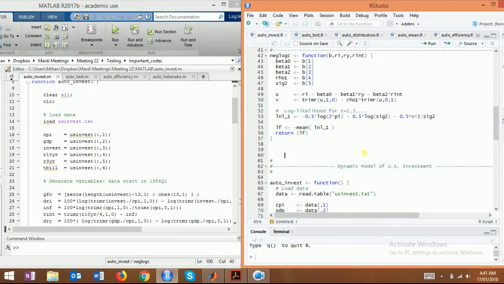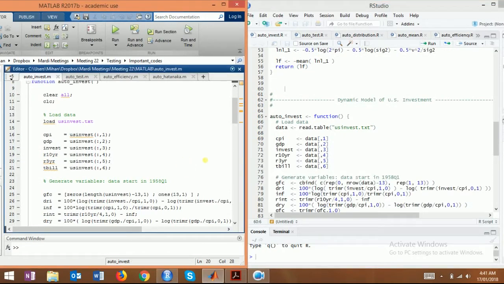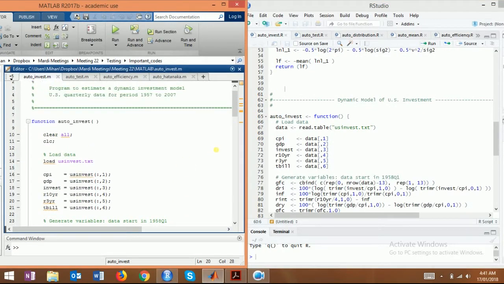Then we are going to use these two functions in our model. We are creating a function called AutoInvest. Inside the function we will run the stuff. First we need to load the data, using read table on this text file.